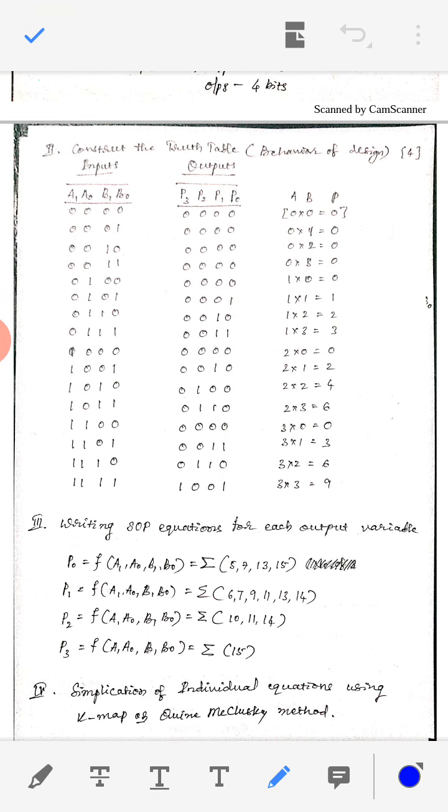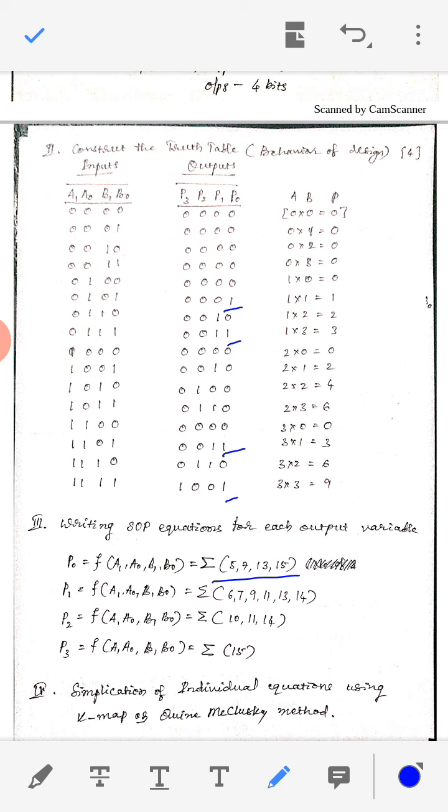Now this equation is written as a summation, a SOP form, wherever 1 is there for P0. If you see P0, wherever 1 is there, we just mark it.